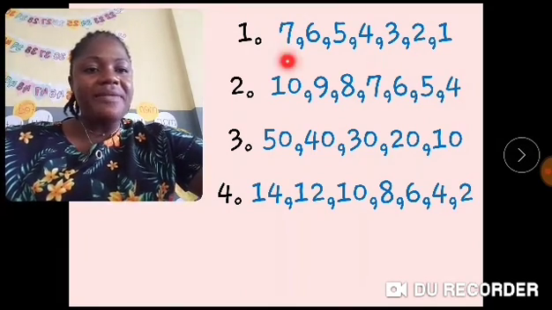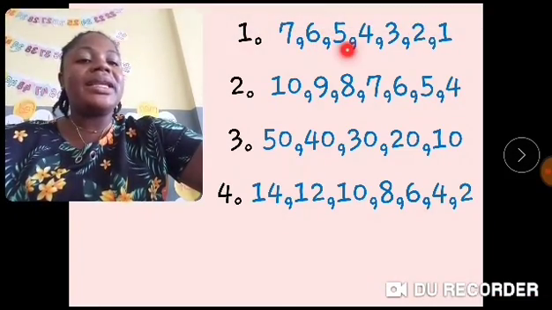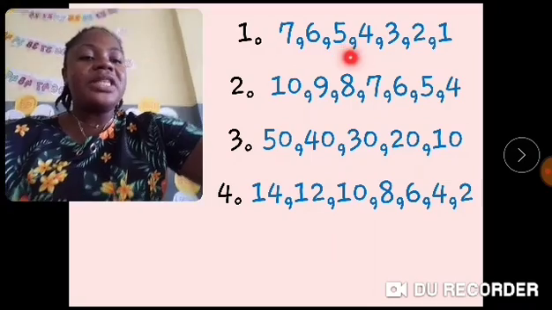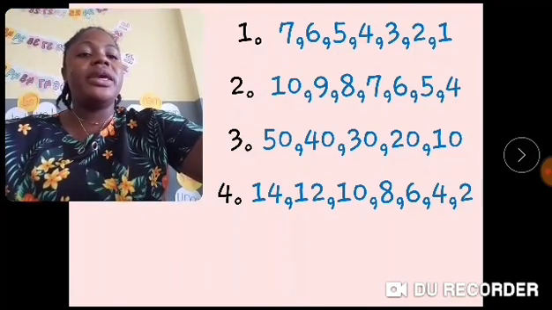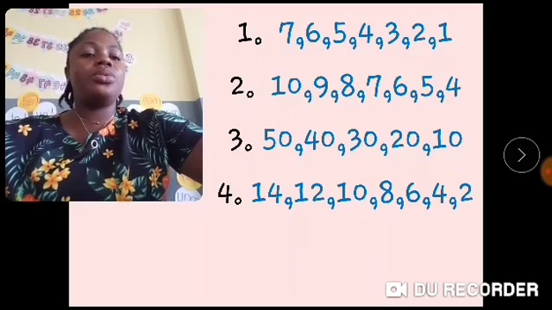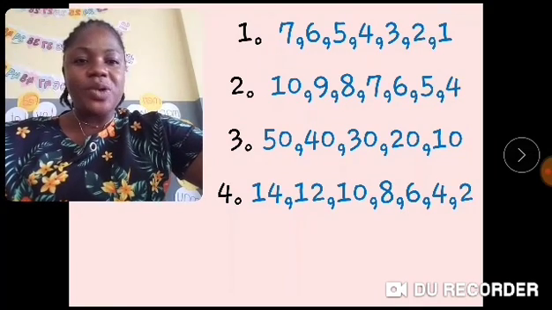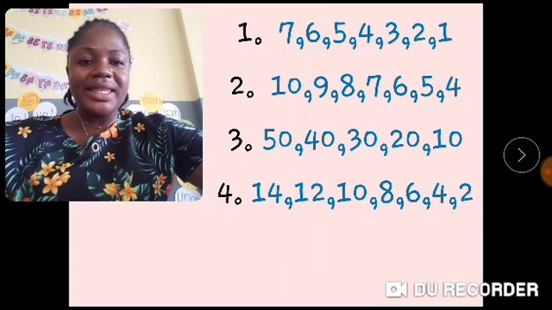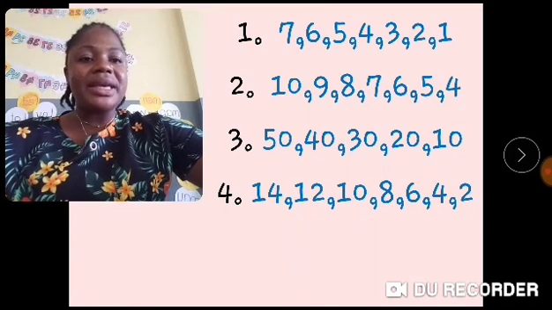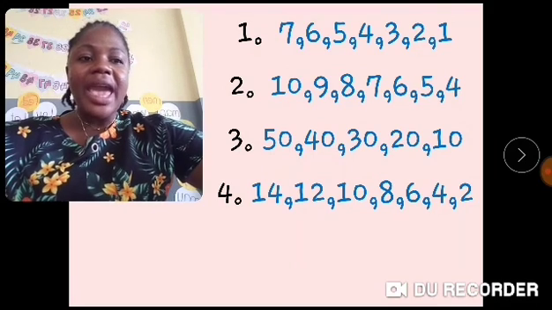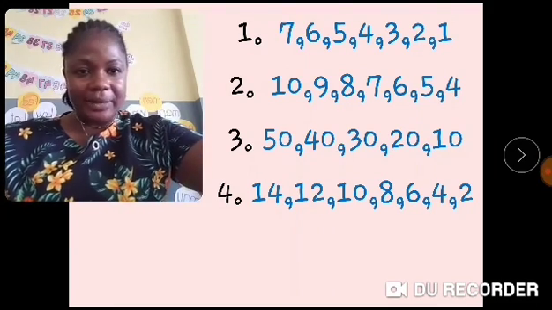Okay, 7 is bigger than 6. 6 is bigger than 5. 5 is bigger than 4. 4 is bigger than 3. 3 is bigger than 2. 2 is bigger than 1. That is why we call this descending order of numbers. So we write 7 as the biggest number and end with 1 as the smallest number.